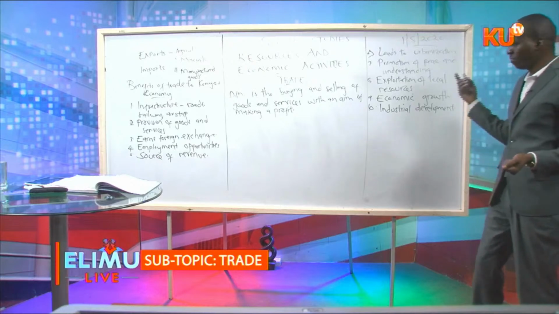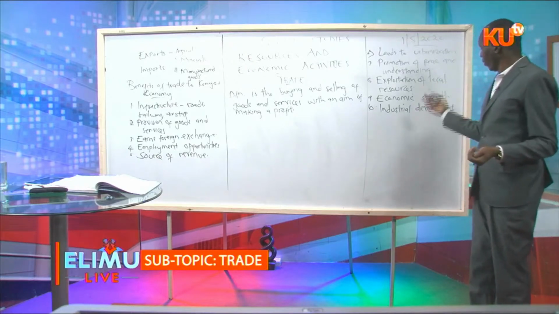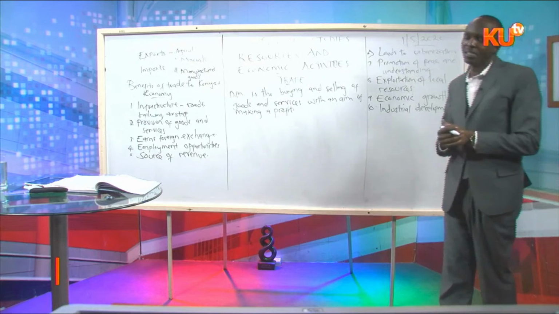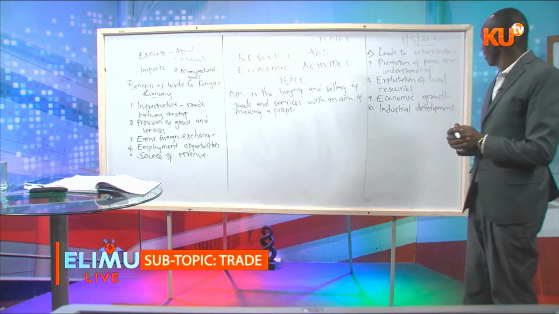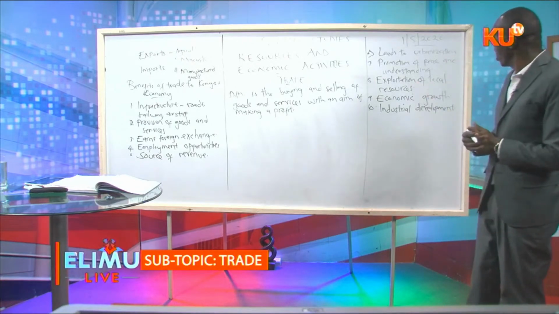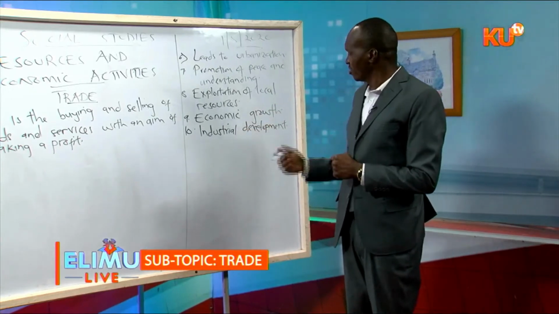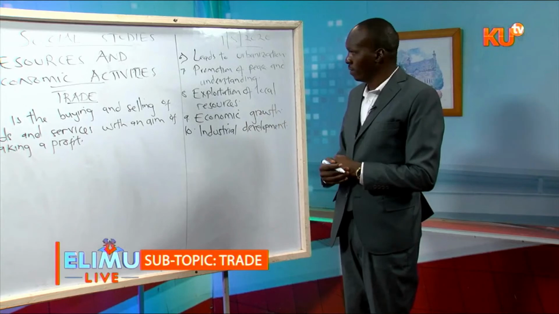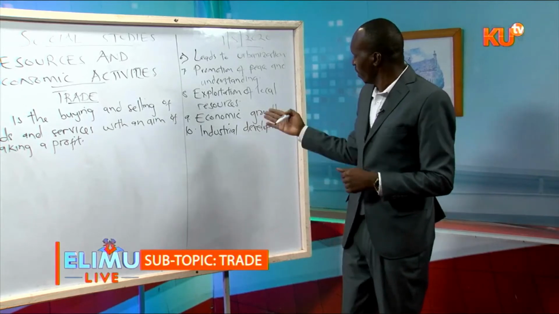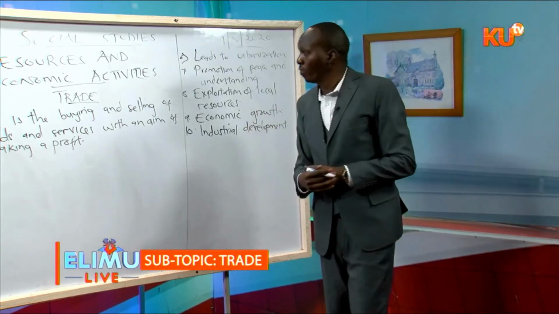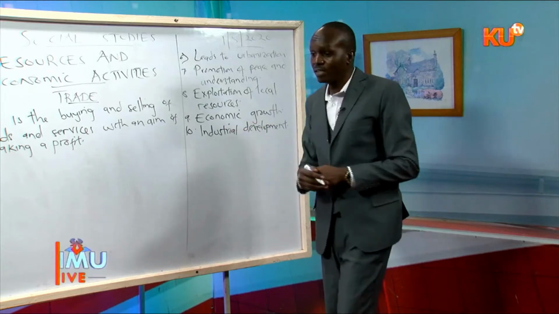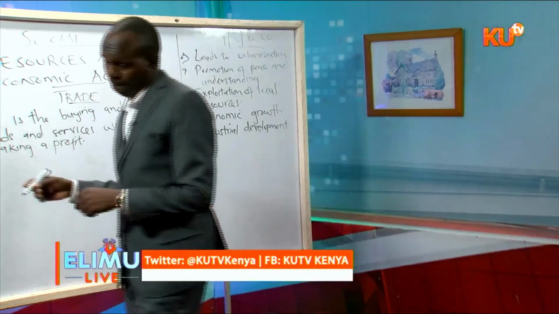That means we have a factory. We also have other processing industries. We have Mumias Sugar Company. We also have other industries, Pan Paper, which developed as a result of trade.